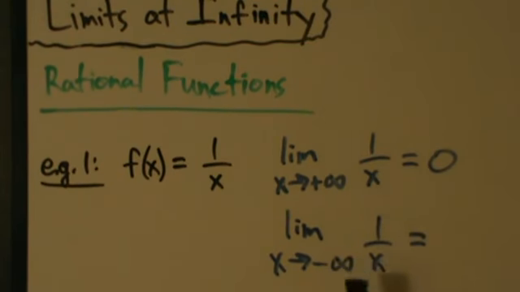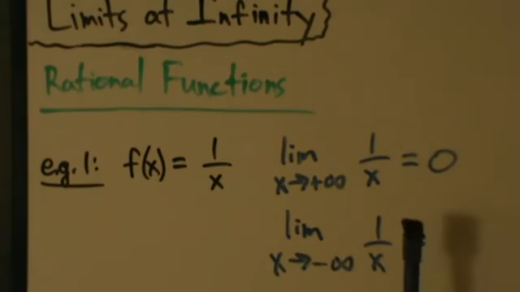So just like before, now we can imagine what if x is negative 10? Then we have 1 over negative 10, which is negative 0.1. What if we have x equals negative 100? Then 1 over negative 100 is negative 0.01, right? So even closer to 0. And if x is negative 10 million, that's a pretty big negative number, right?